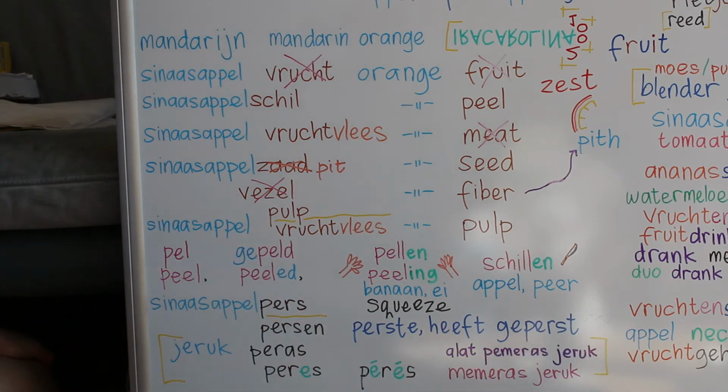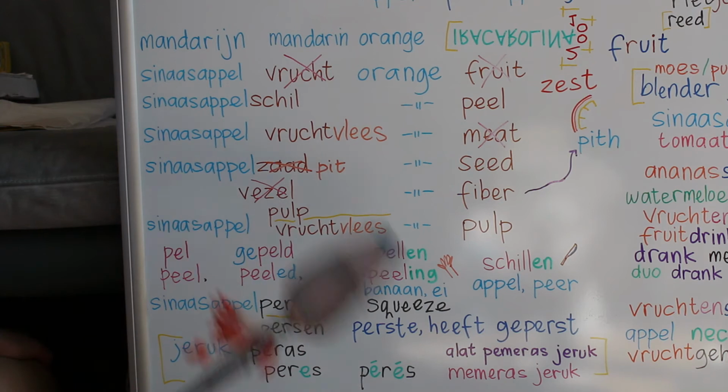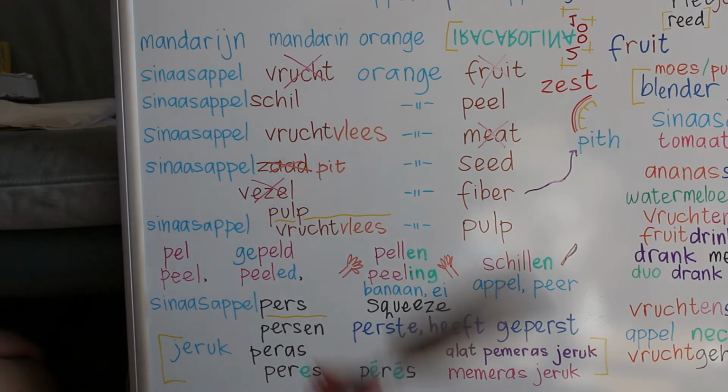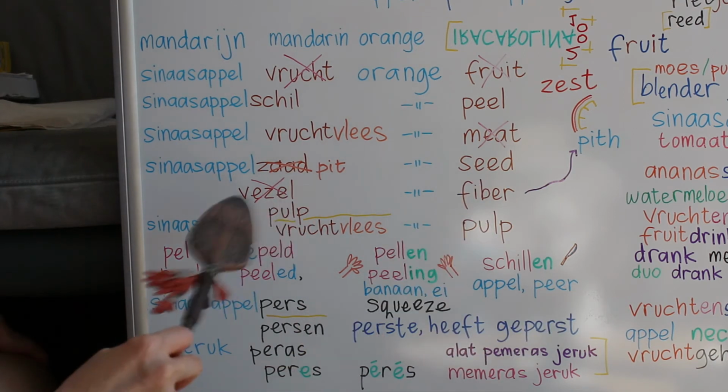You have to give the definition instead of changing the word itself into vezel. That's why I crossed out this word, even though fiber itself, if we translate it into Dutch, is vezel.